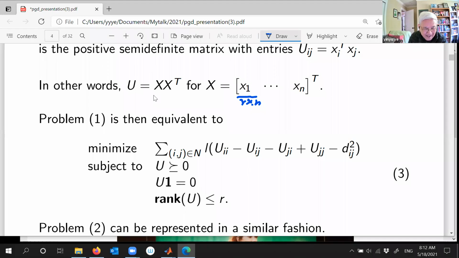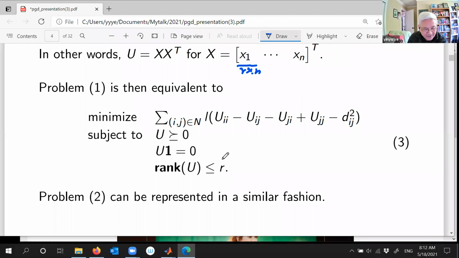Okay. For anchor-free, we just say all the ones add up equal to 0, U is positive semi-definite, and of course rank U has to be less than or equal to R, which is the desired dimension for localization. And if you have anchors, that's also doable.